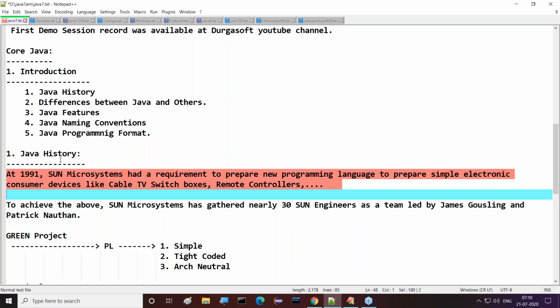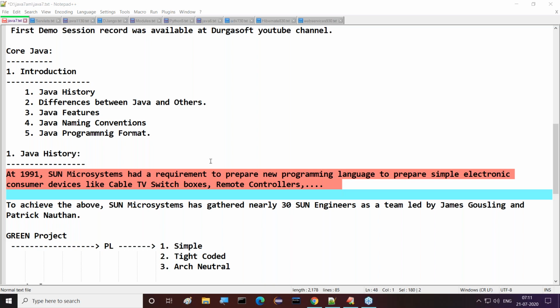In 1991, Sun Microsystems had a requirement to prepare a new programming language. That language could be used to prepare simple electronic consumer devices like cable TV switch boxes, remote controllers and so on. To prepare such devices, they required a programming language.